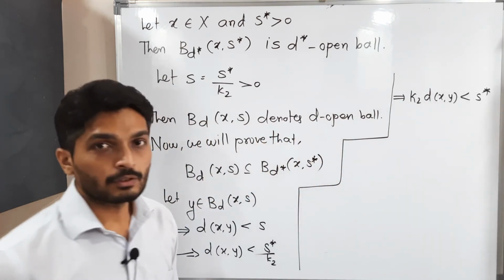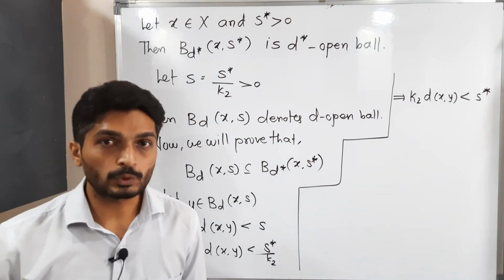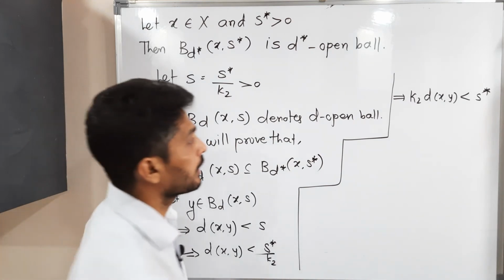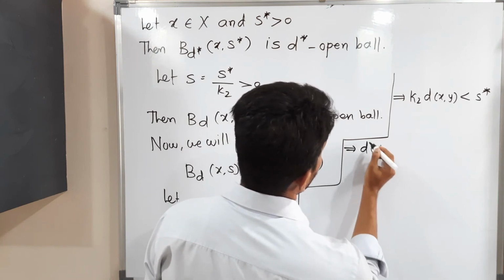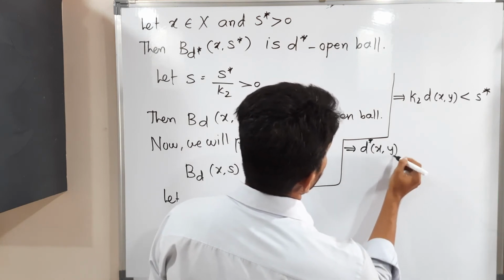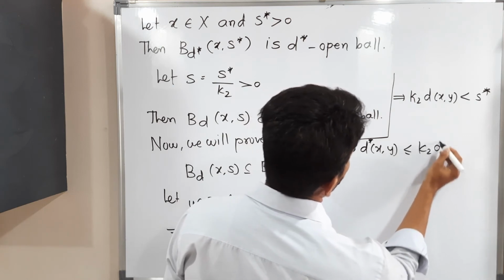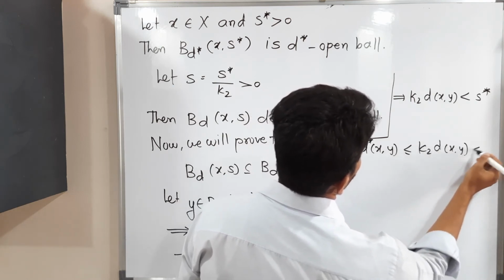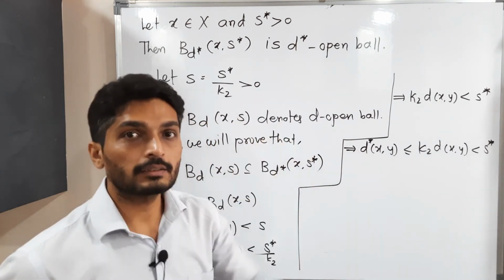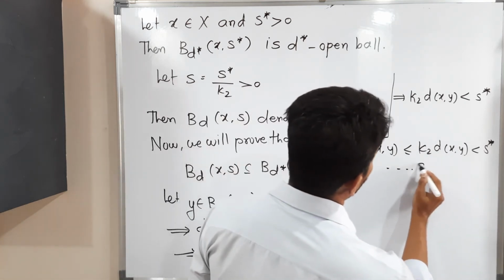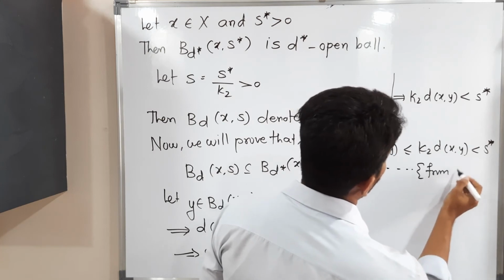You remember inequality number 1, which was the given information. Let us use it now. So d*(x,y) is less than or equal to k2 d(x,y), which is less than s*. This inequality we get from statement number 1, the given information.